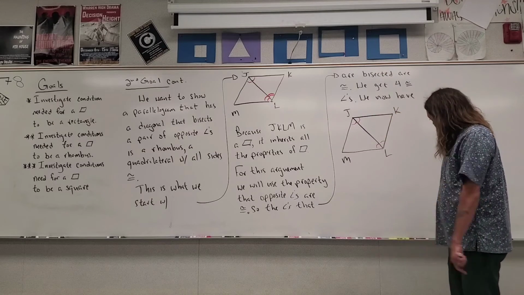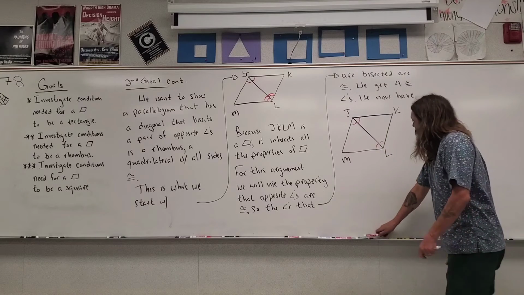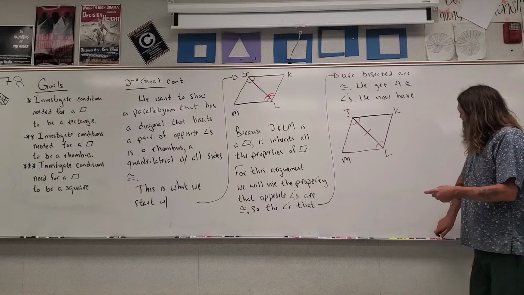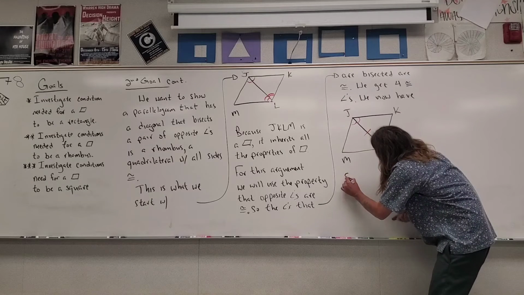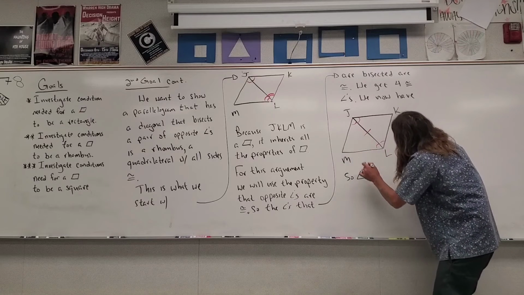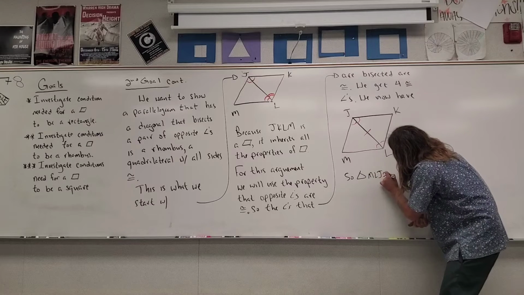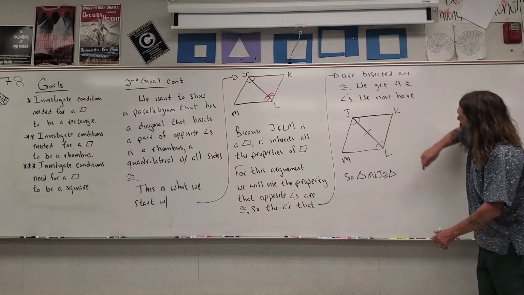JL is part of both triangles, so JL is congruent to JL. So, we get congruent triangles by angle, side, angle. So, triangle MLJ is congruent to triangle KJL.